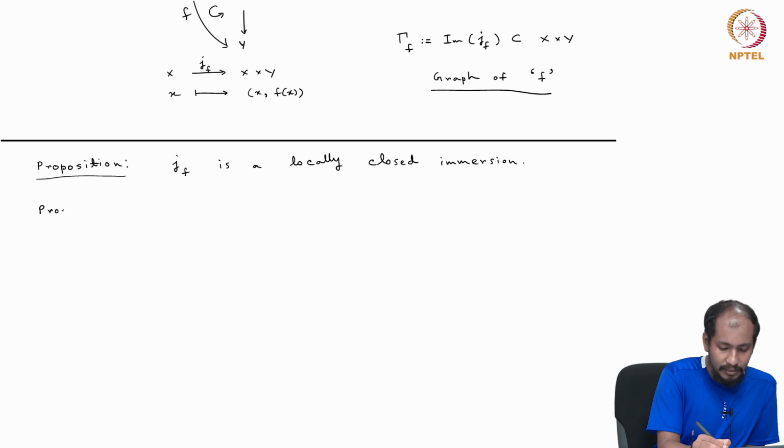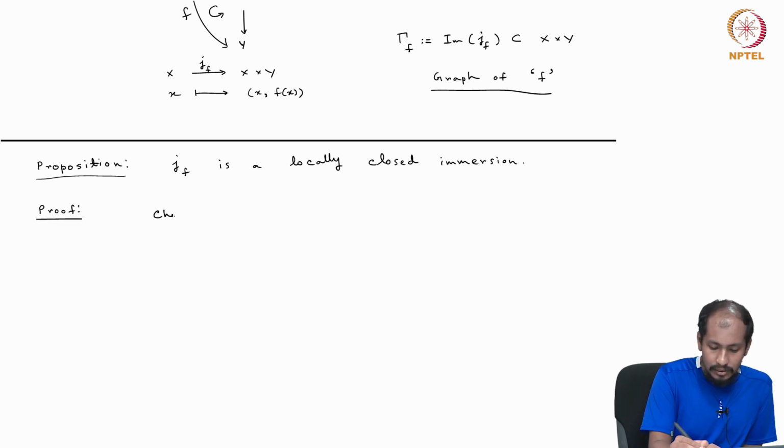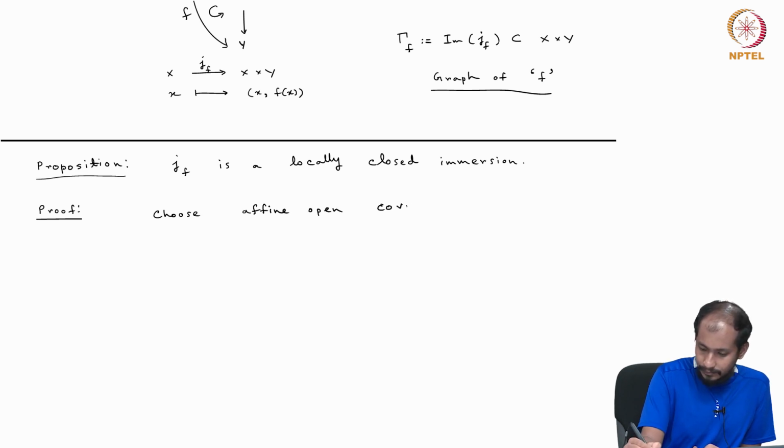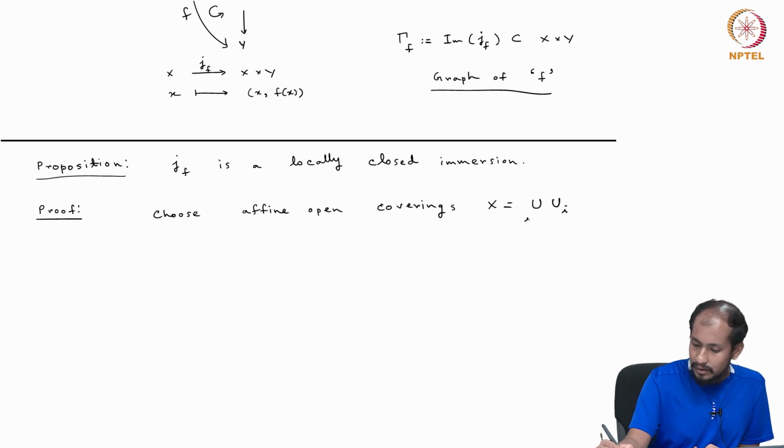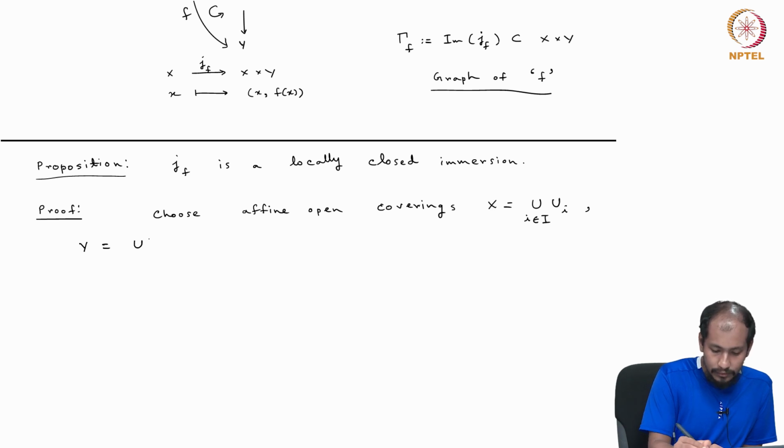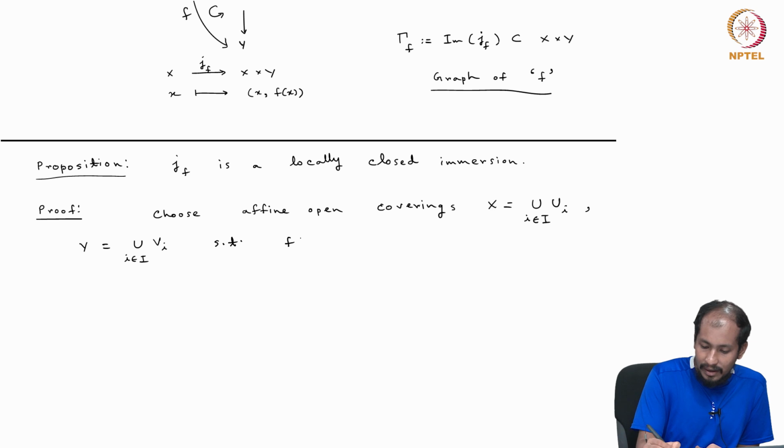Again, the proof is easy. Now choose affine open coverings of X and Y, say X is the union of U_i, which are all affine open subsets, and Y is the union of V_i, such that f(U_i) is inside V_i.